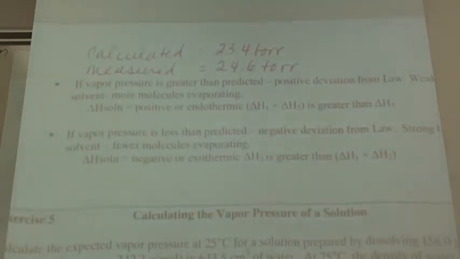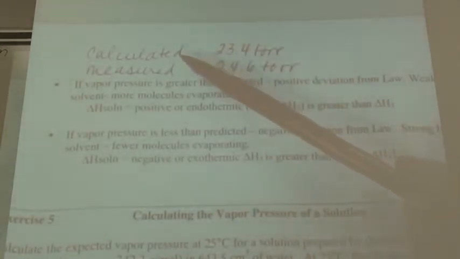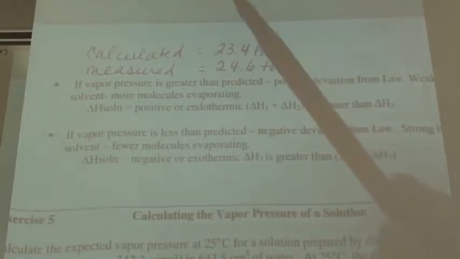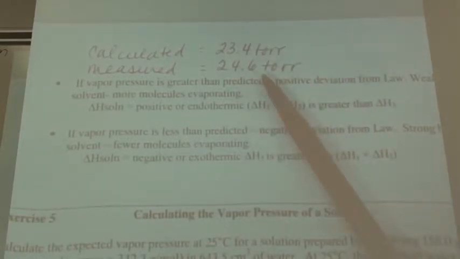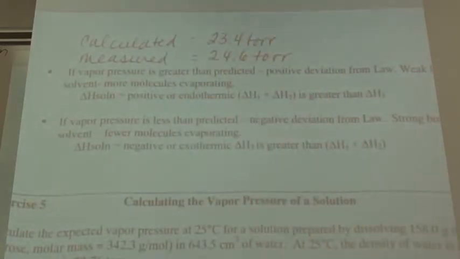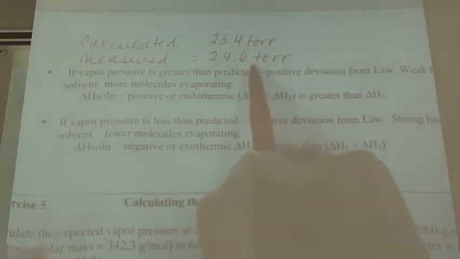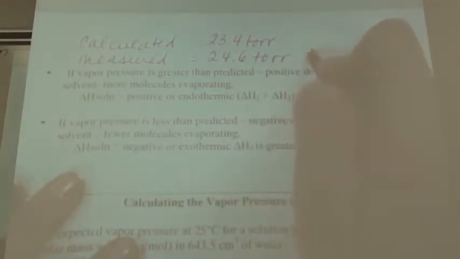This is not an ideal solution because the calculated and the measured are not the same. Got that part? This is a positive deviation from the law. That means that the measured is greater than the calculated. The vapor pressure measured is higher.